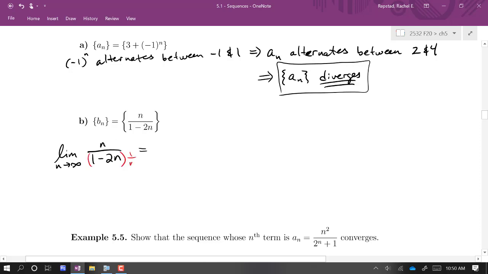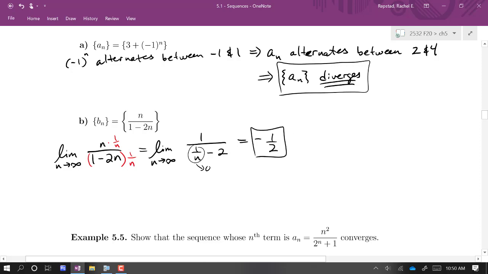We can just multiply top and bottom by 1 over n. And we've got 1 over n minus 2, and we do that distributing. And now as n goes to infinity, this 1 over n goes to 0, so we get 1 over -2, or -1/2.